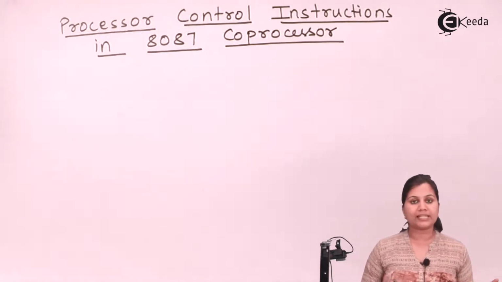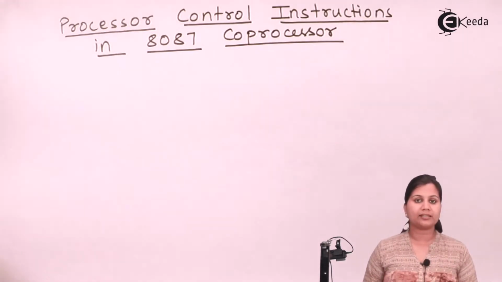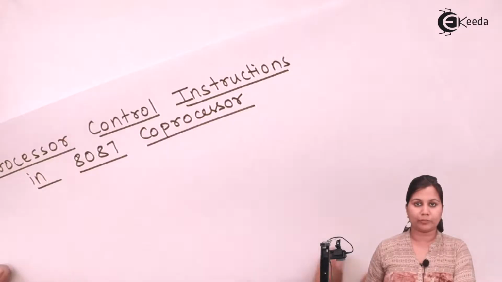Despite being a coprocessor, the 8087 is just like the main processor. Like the microprocessor, which has its architecture, its instructions, memory and address buses, and input output devices, the coprocessor also has its own architecture and its own instruction set, and it uses the buses, the memory and the CPU of the main microprocessor.